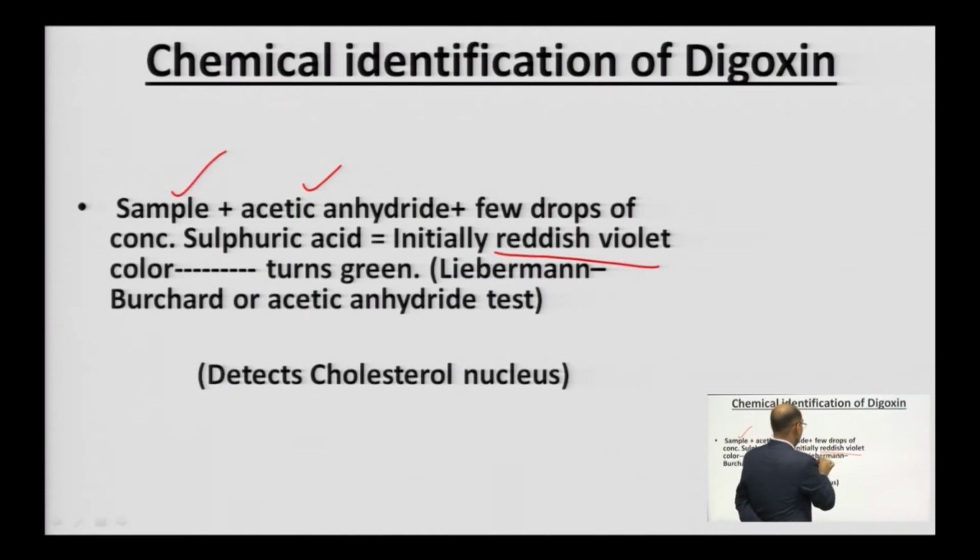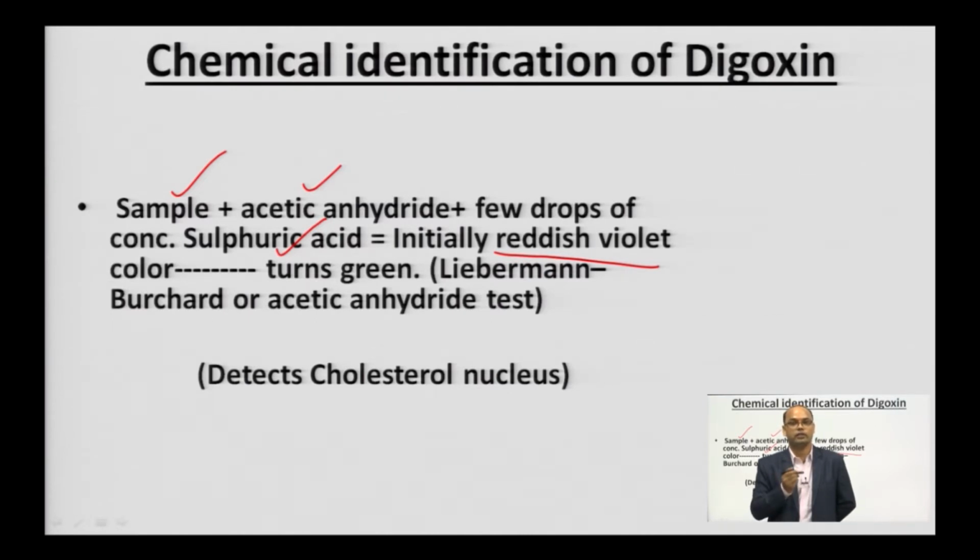But as soon as you add the concentrated H2SO4, the reddish violet color gets converted into green color, and this test is called the Liebermann-Burchard test or acetic anhydride test. This test detects the cholesterol nucleus. So, this test is very common for detection of cholesterol or steroidal nucleus.